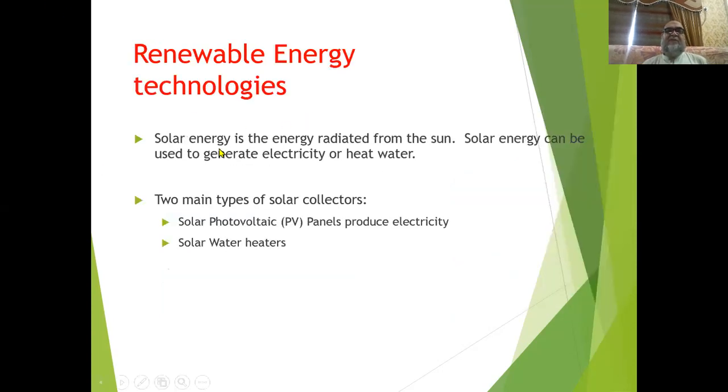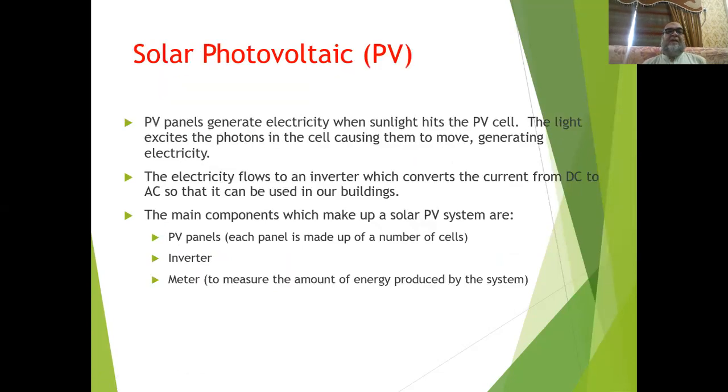Then there is solar energy radiated from the sun, which can be of two types: solar photovoltaic cell panels that produce electricity, and solar water heaters. The first one is very common nowadays all over Pakistan. The photovoltaic panels generate electricity when sunlight hits the PV panel.